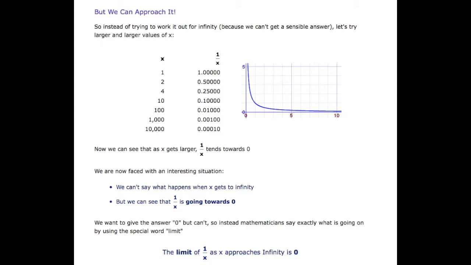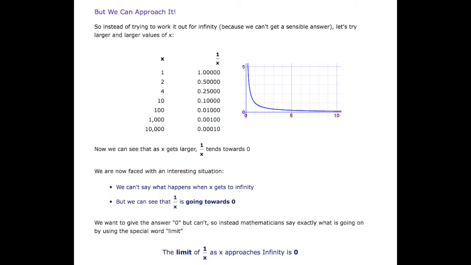So if we have an input of 2, we will have an output of 0.50000. And as our input gets larger to 10,000, we will have an output of 0.00010. Now we can see that as x gets larger, 1 over x tends towards 0.